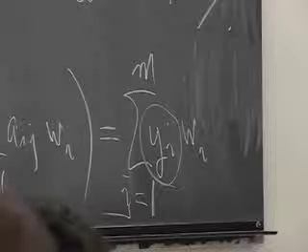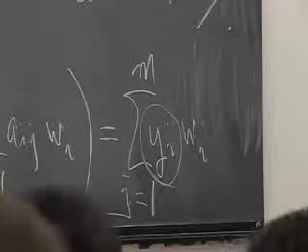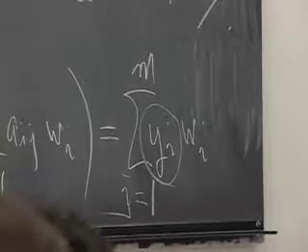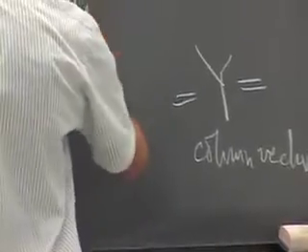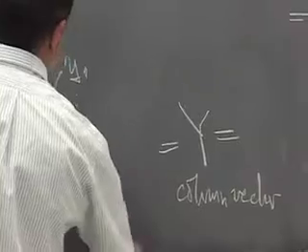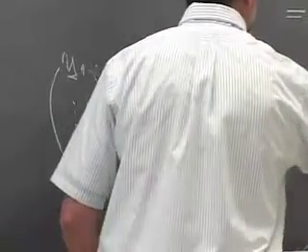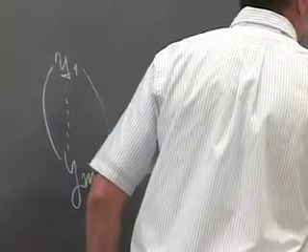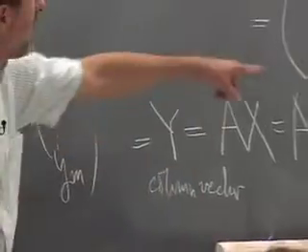So y as a column vector, y1 down to ym, is equal to A x, which means A applied to the column vector x1 down to xn. That's what that formula says.